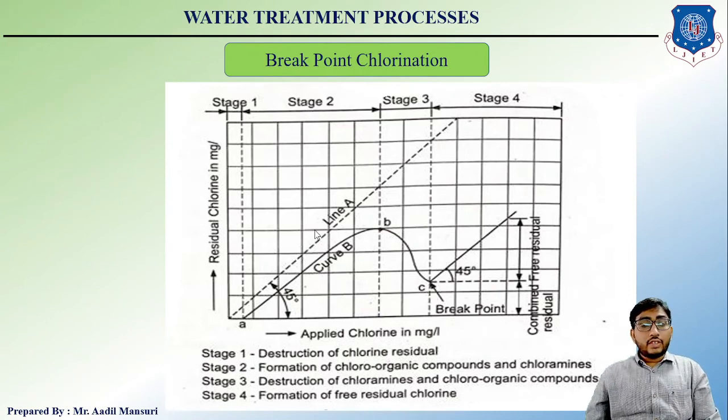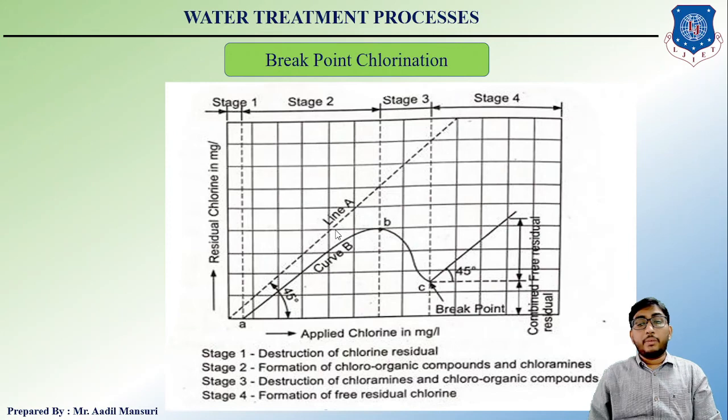Now, with continued addition of chlorine, most of the chloramines will be oxidized at point C, which is called the breakpoint. Continued addition of chlorine after this breakpoint will result in a directly proportional increase in its free availability, that is unreacted hypochlorite.